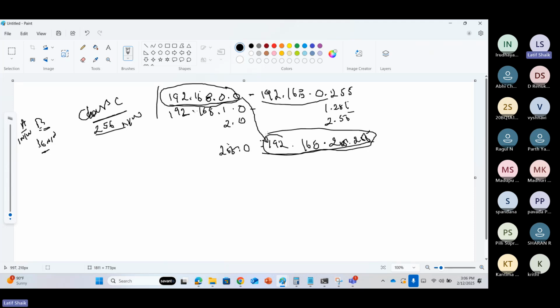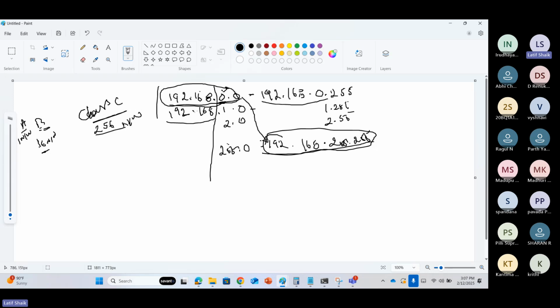So only the third octet is different. In this entire range, for the entire class C private IP, the first two portions are always the same, 192.168.